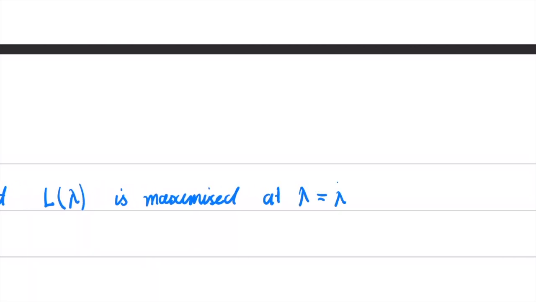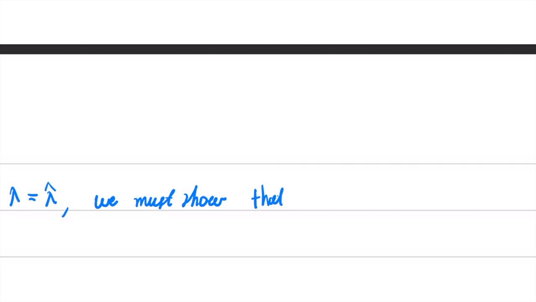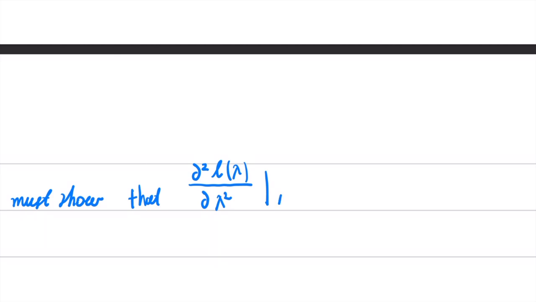And so, to prove that the likelihood function, or the log likelihood function, is maximized at lambda equal to lambda hat, we must show that the second derivative of the log likelihood function with respect to the parameter evaluated at the MLE is less than 0.